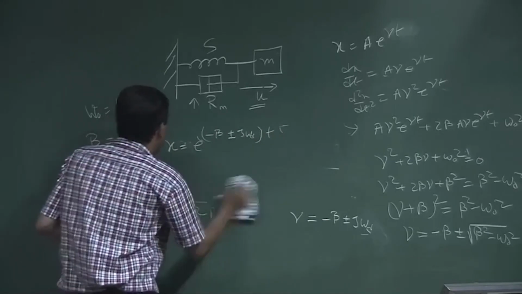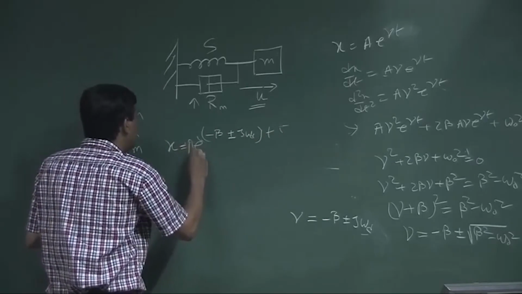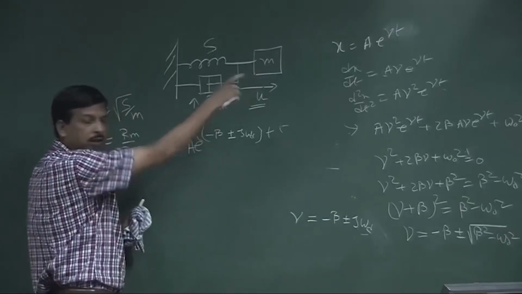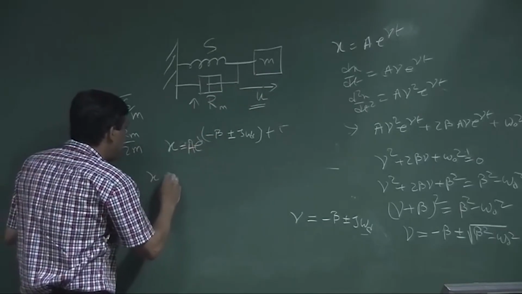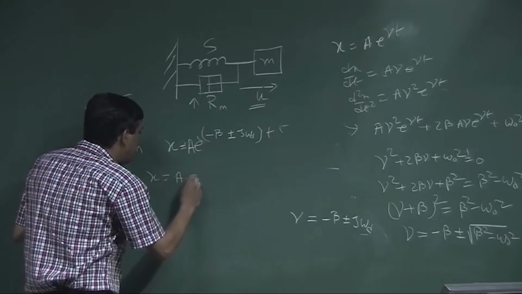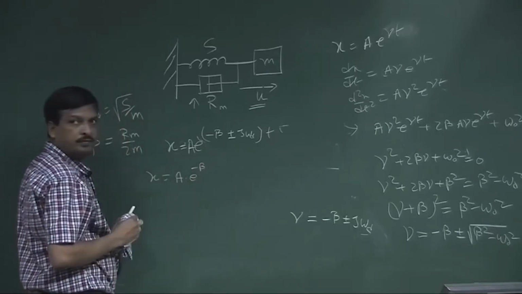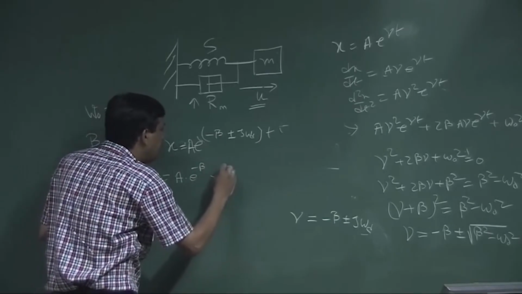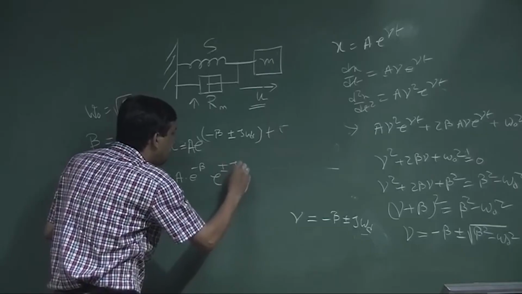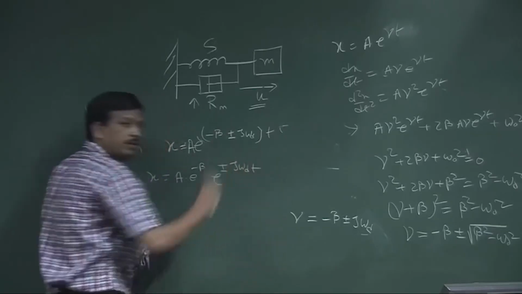A will be there, I put the gamma value. So, x is A into e to the power minus beta t into e to the power plus minus j omega d t.